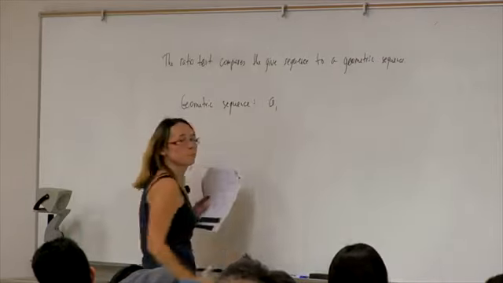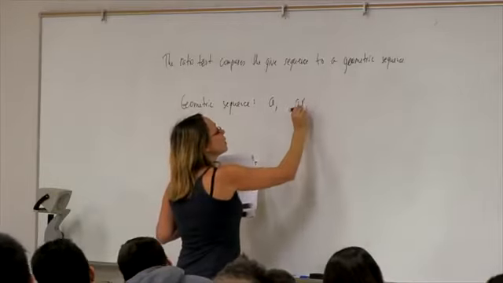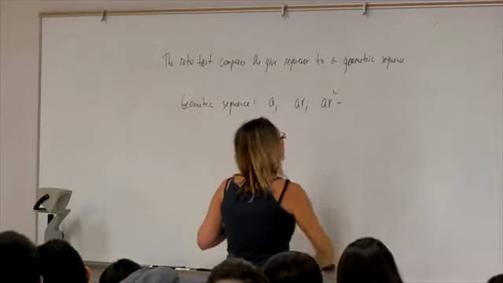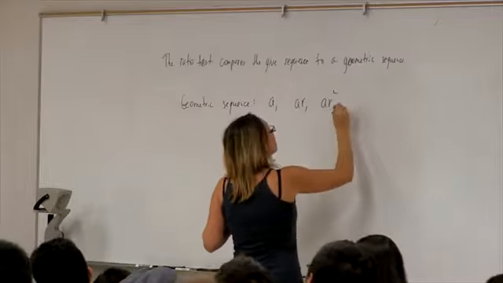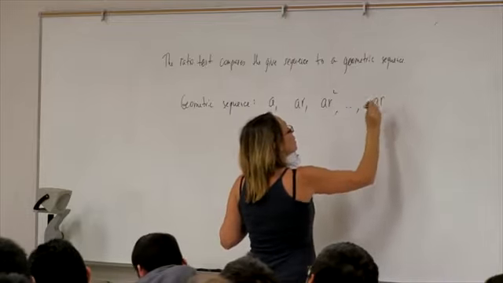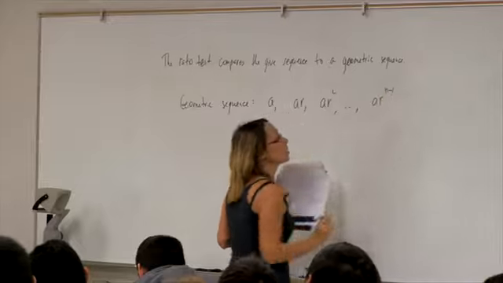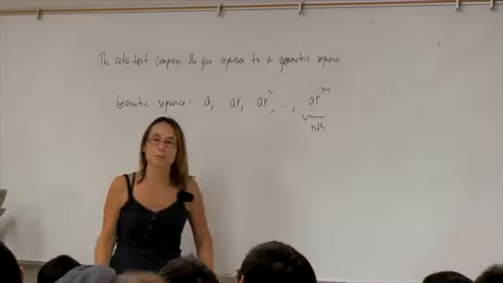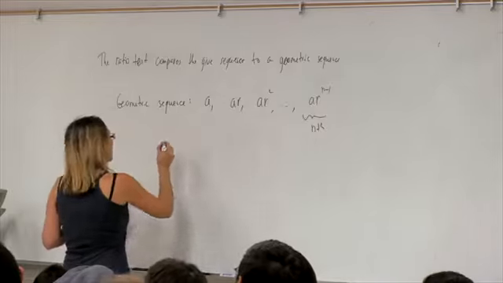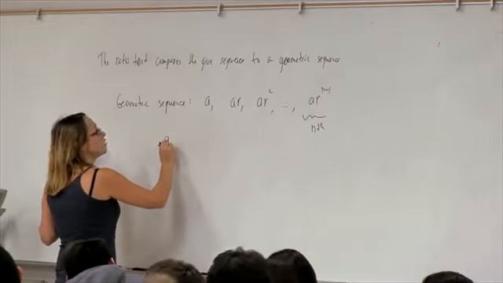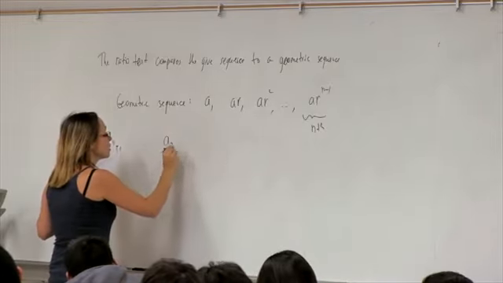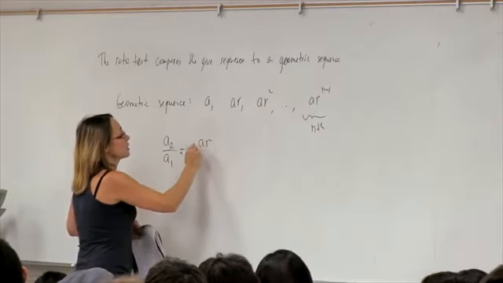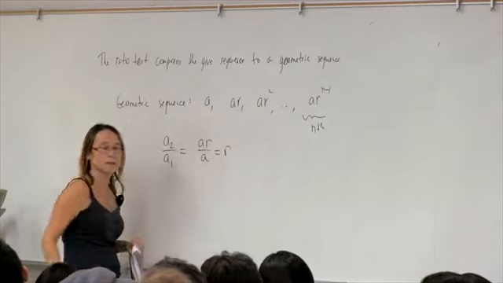We have a, ar, ar squared, ..., ar to the n minus 1 for the nth term, right? So what is a2 over a1 for this sequence? Of course, it's ar over a. This is r, right?